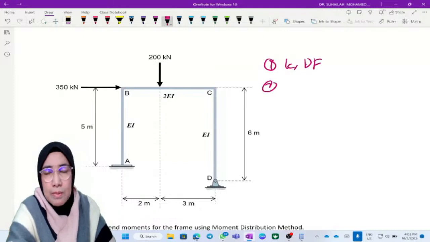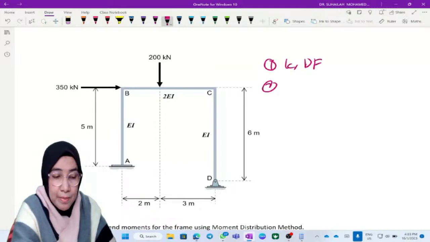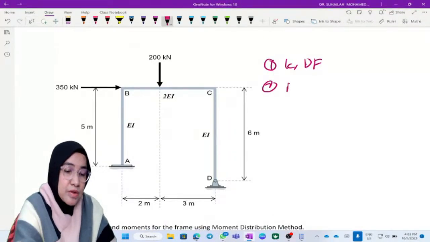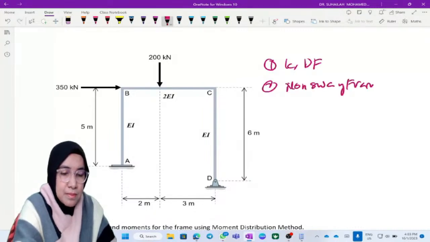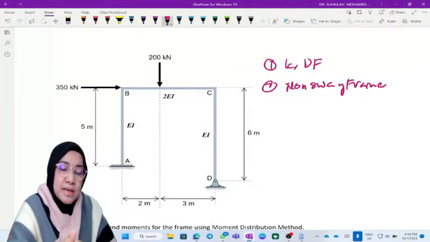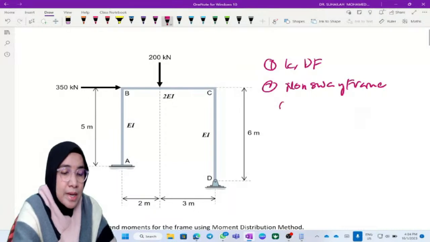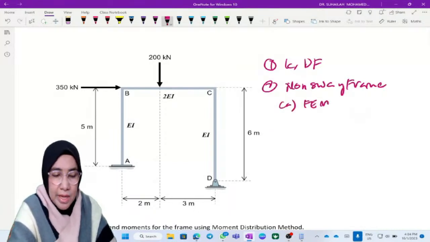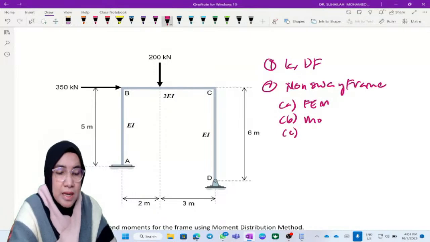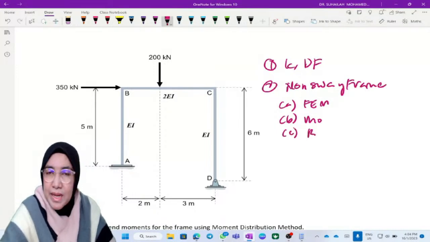Number two is called non-sway frame analysis. Under this non-sway frame analysis, we have to do 3 things. Number one is FEM due to loading. B, we have to calculate end moment M naught, and C, we have to calculate restraining force R. That is step number 2.